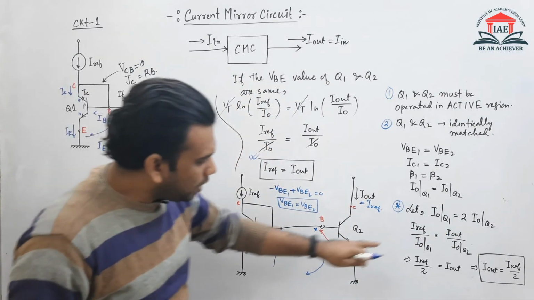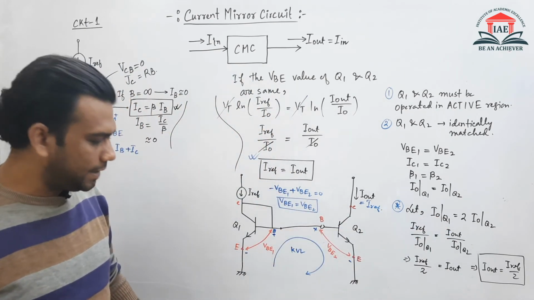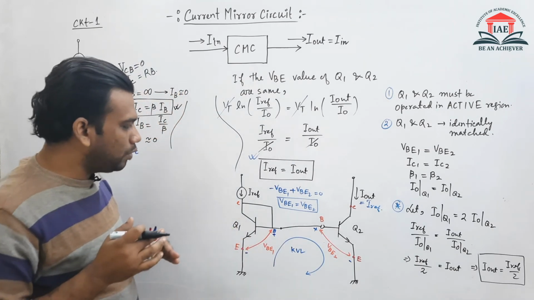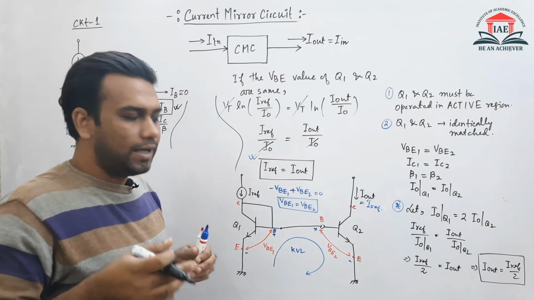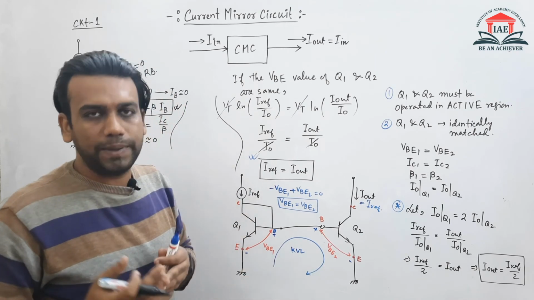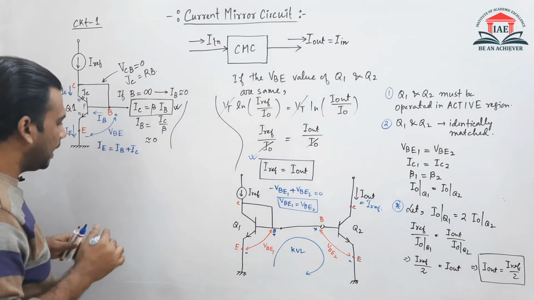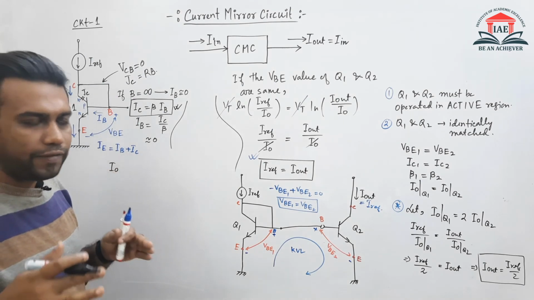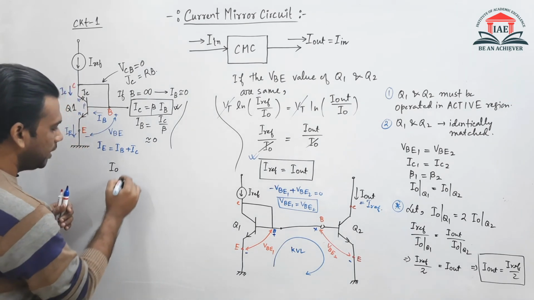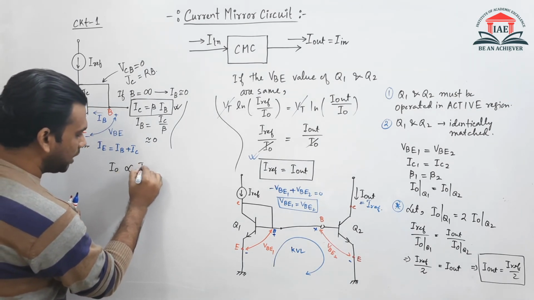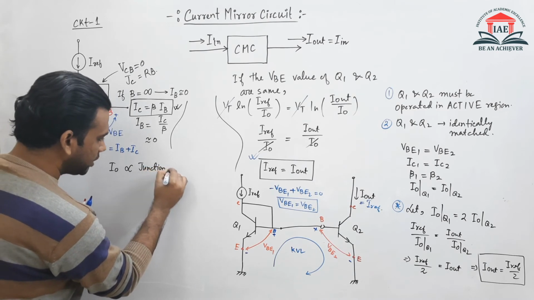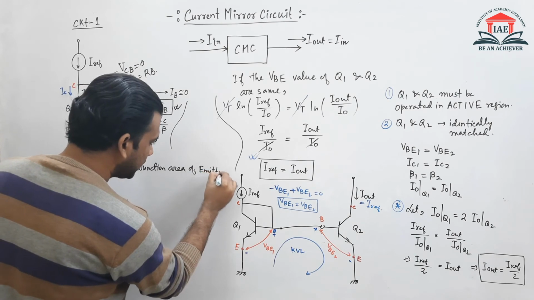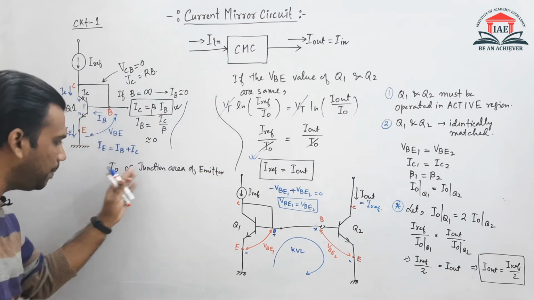That means ये जो I0 है, the reverse saturation current of Q1 and Q2 तो दोनों सेम होना चाहिए. अब let us see on what factors the I0 of a transistor depends. Basically, the reverse saturation current of any NPN PNP transistor is proportional to the junction area of emitter. Emitter junction area के ऊपर डिपेंड करते हैं और प्रोपोर्शनल होते हैं.